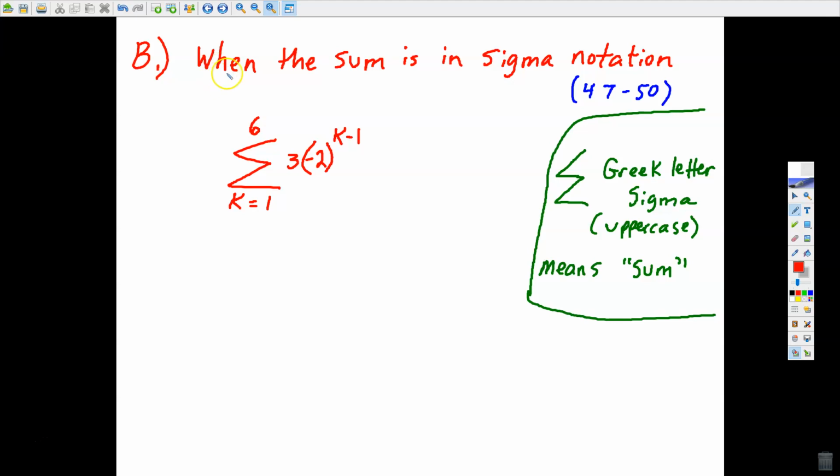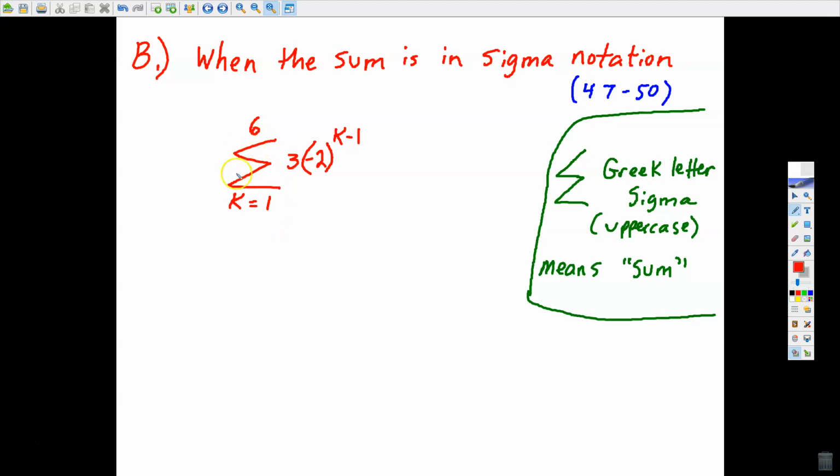Okay, letter B is this. It's also showing the sum, but this is in what we call sigma notation. Okay, sigma is this Greek letter. It looks like an E shape. Uppercase sigma, which is what this is, always refers to the sum of when it's used in a math context.